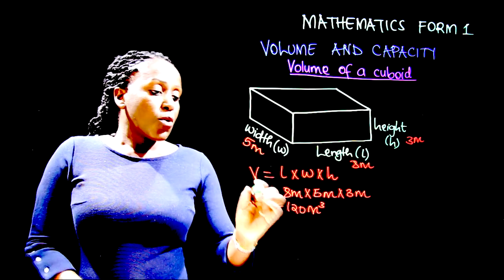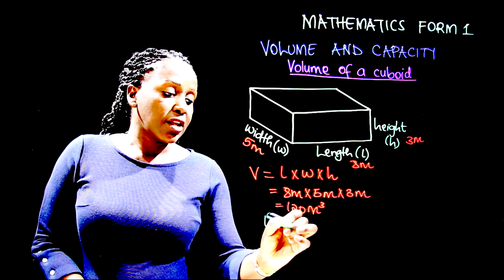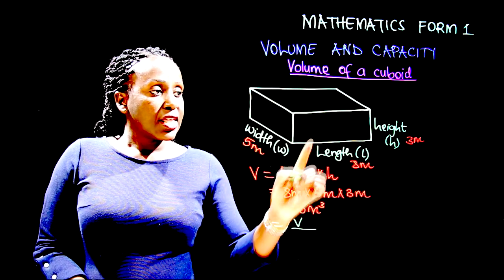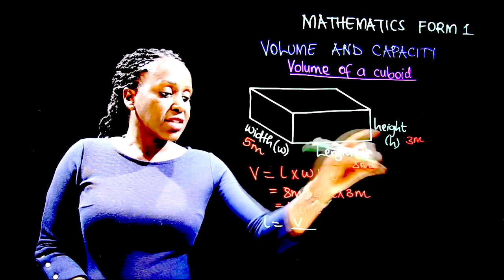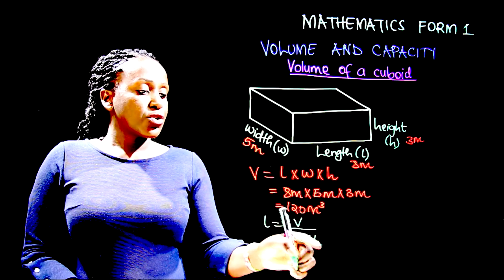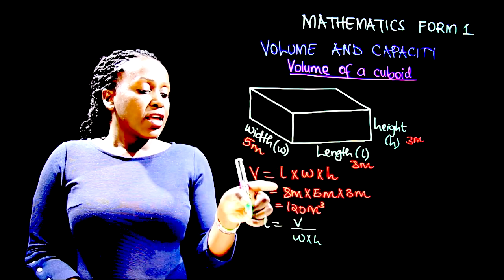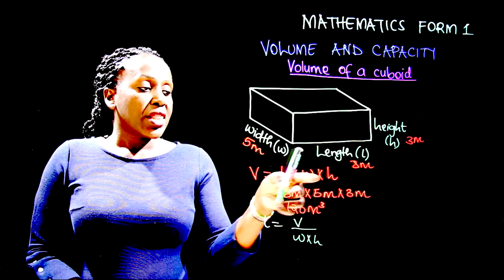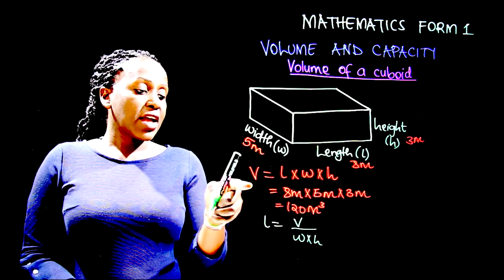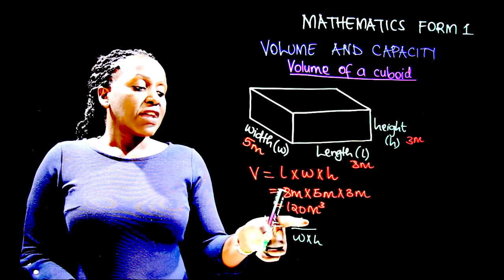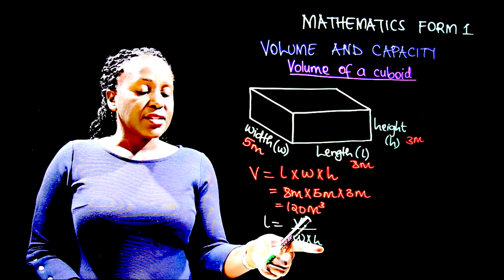If you want the length, then you will take the volume, divide by length times width times height. You realize that from this formula, if you want length, you just need to divide this side by width times height and divide with the same on this side. So when you're looking for length, you divide volume by width times height.